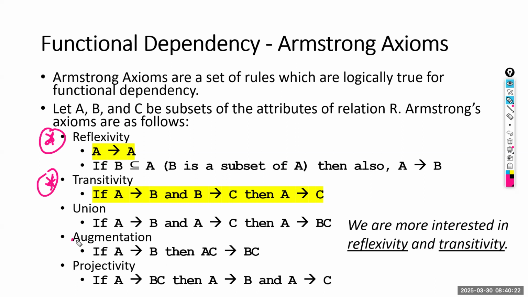So the third Armstrong axiom says, if A functionally determines B, and if A functionally determines C, then A functionally determines B, C. It's like your ID determines name, ID determines date of birth.